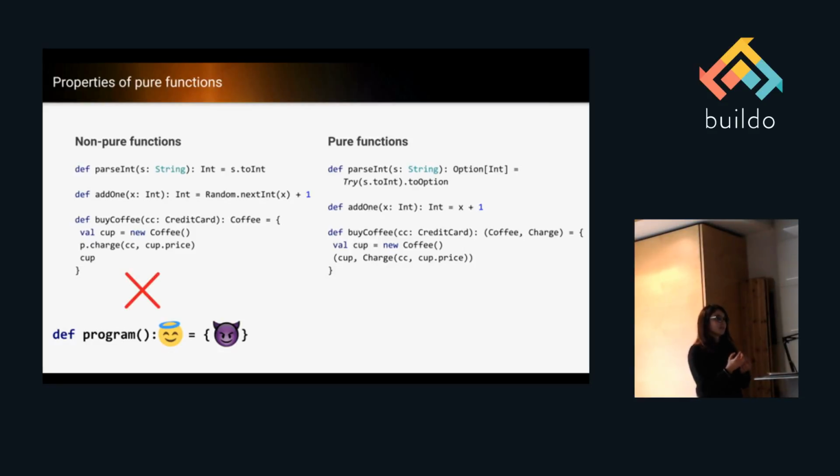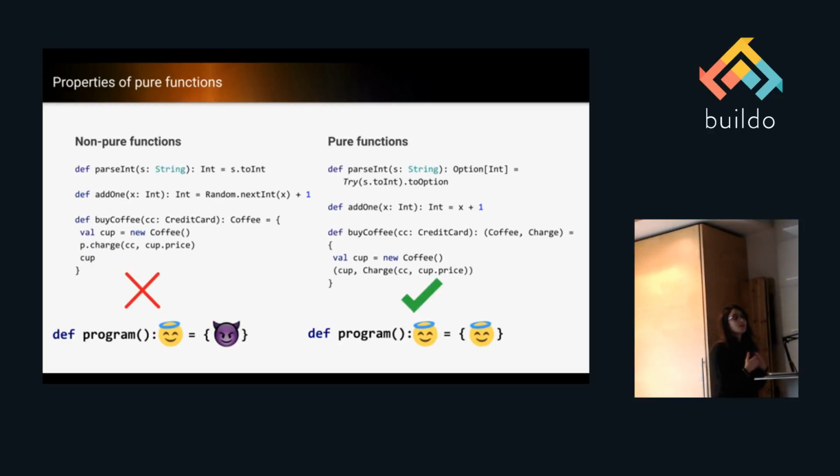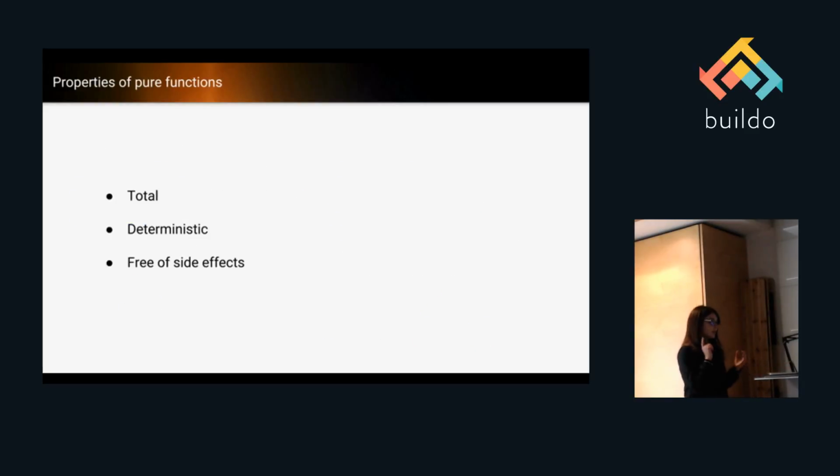This function will return a cup of coffee and the price of this coffee. So pure function, we can trust pure function. We will get what we expect. So a pure function is total and free of side effects.